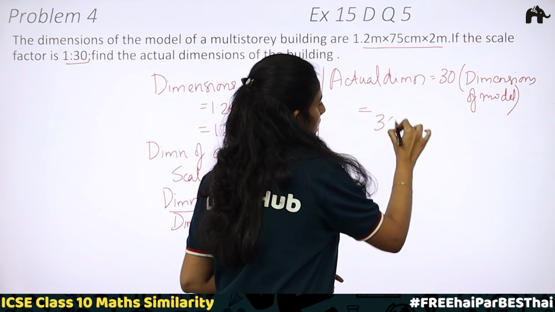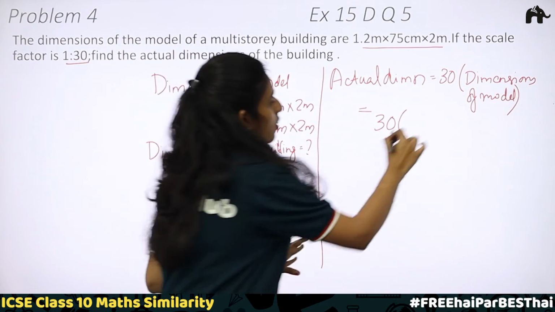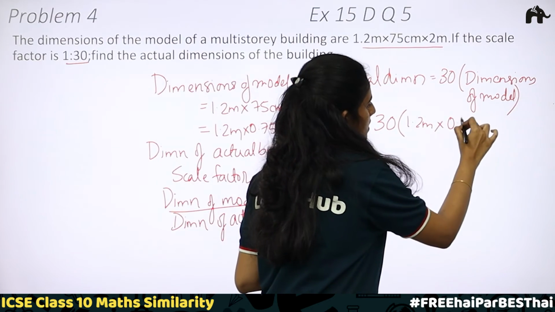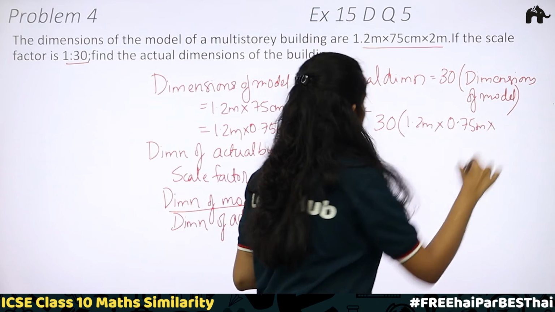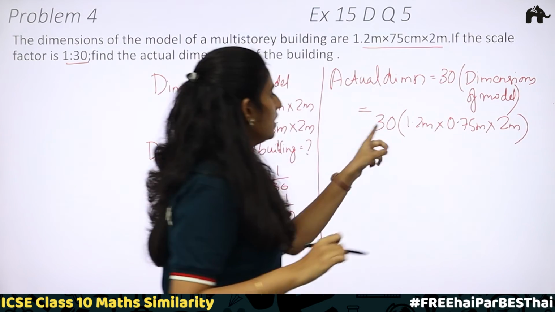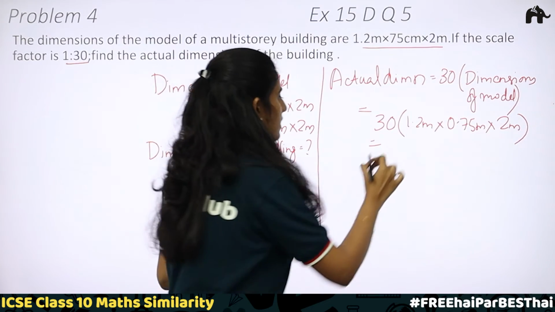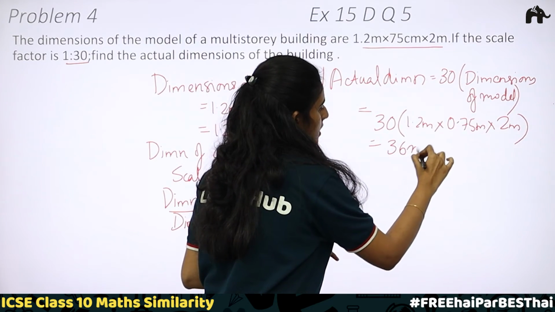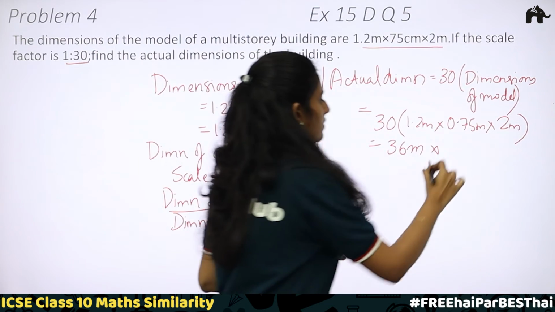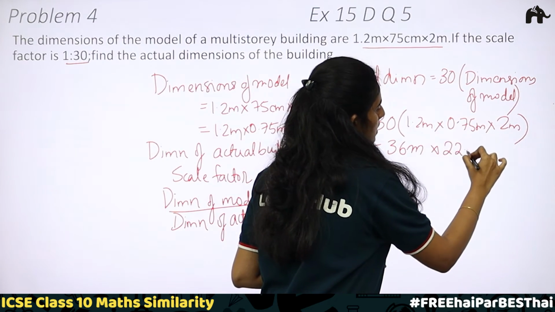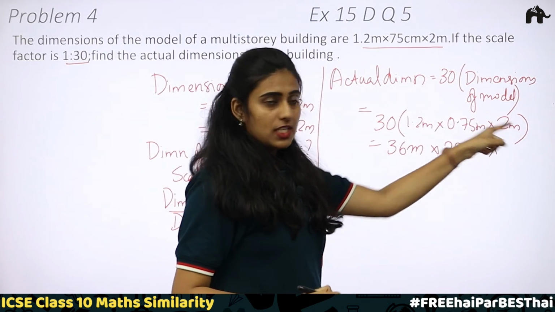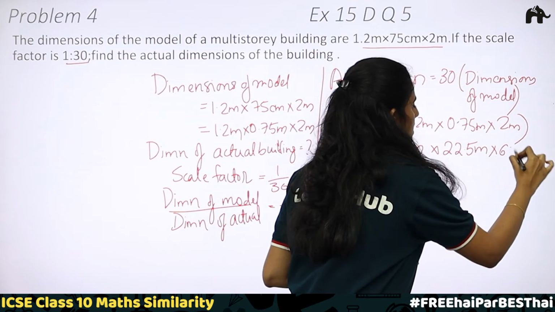That is 30 into 1.2 meter by 0.75 meter by 2 meter. 30 into 1.2 meter, we get 36 meter, by 30 into 0.75 meter, we get 22.5 meter, and 30 into 2 meter, we get 60 meter.